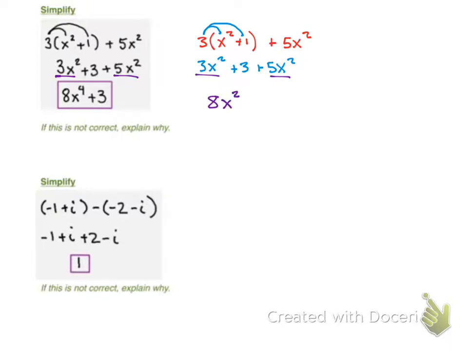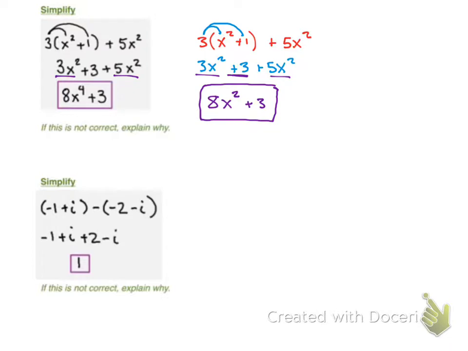Remember, when you multiply like bases, you add the exponents, but here we did not multiply these two terms. We combined them. So 3x squared plus 5x squared is 8x squared, and then we have that lonely 3. So our correct answer for this one should be 8x squared plus 3.